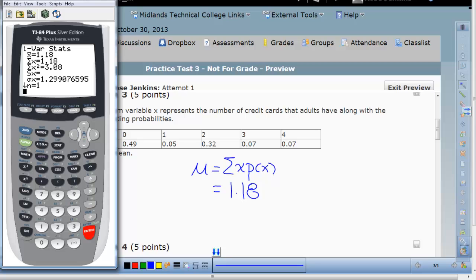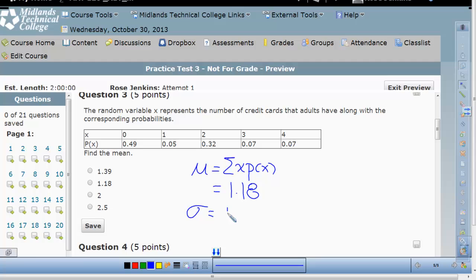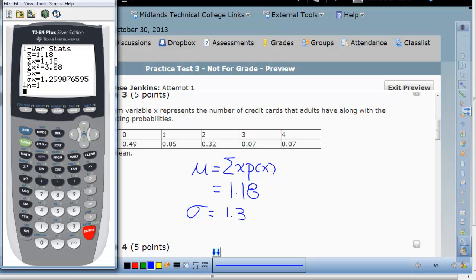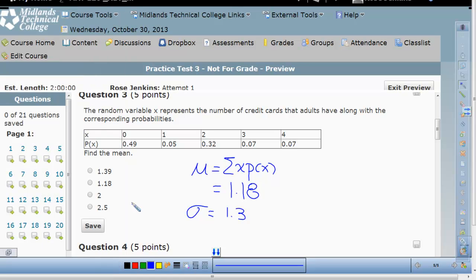I think the next question probably asks us to find the standard deviation for the same data. And so the standard deviation is here. We would say sigma is equal to, looks like it'd be 1.3. Okay, questions about that? Oh, you want to see the choices? You don't think I'm right, okay?